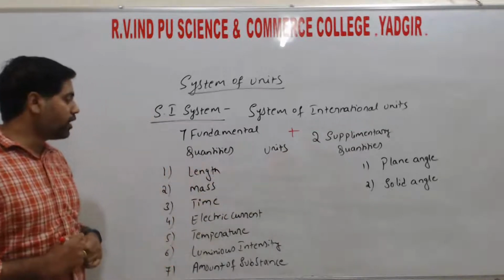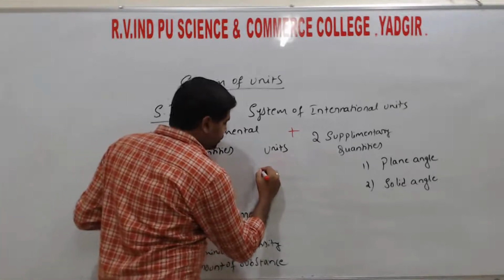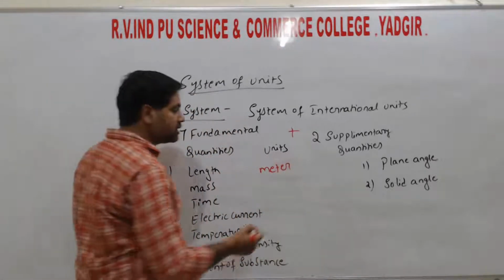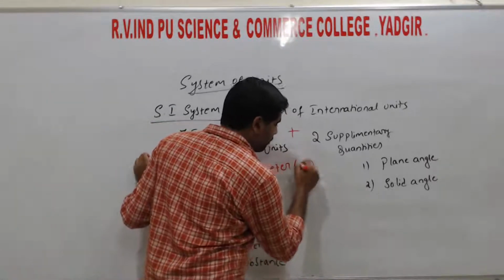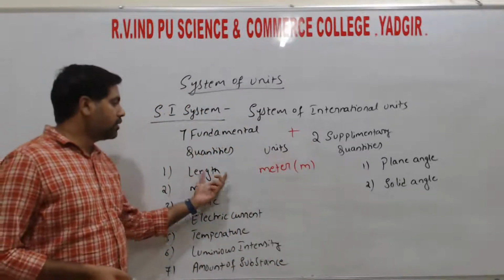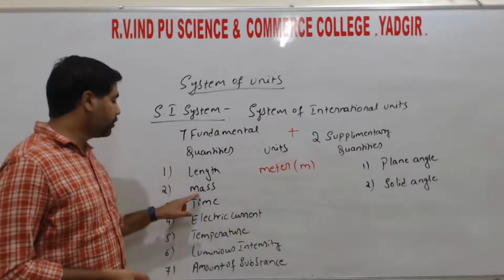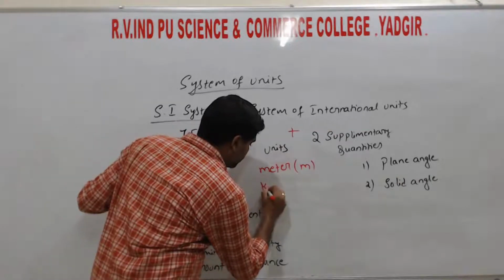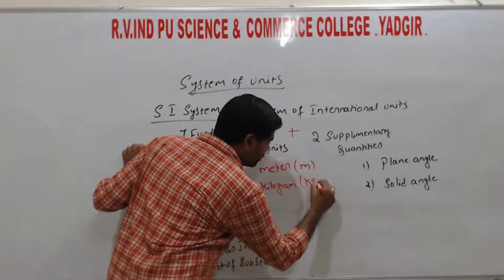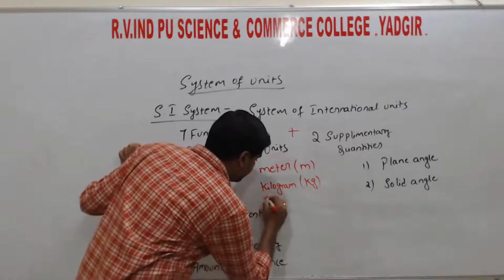In the SI system we measure length by meter. The SI unit of length is meter, and its symbol is m. For mass it is kilogram. The symbol is kg. For time it is second.